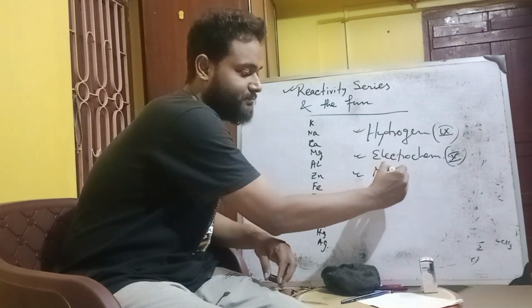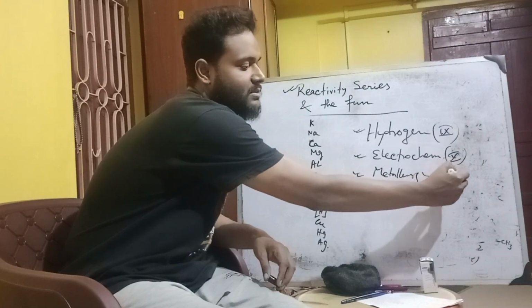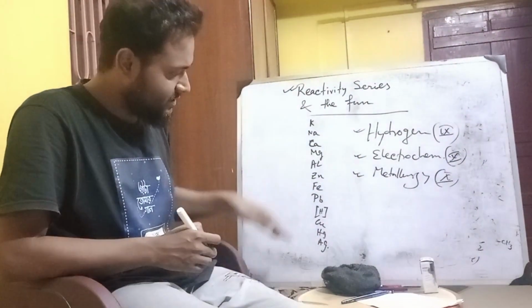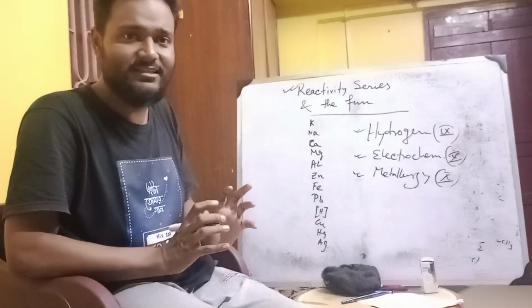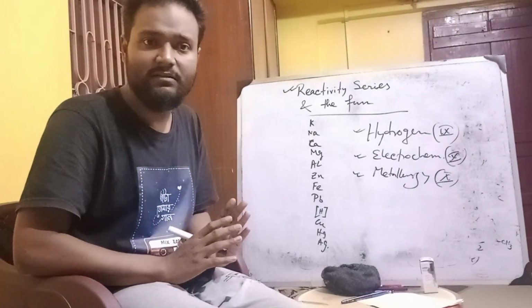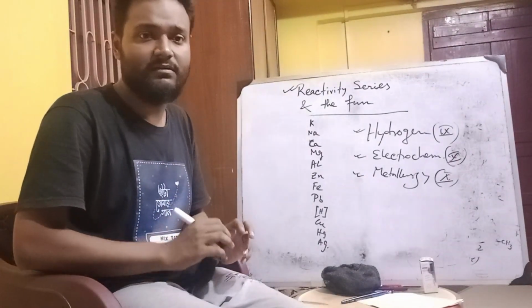Then metallurgy from class 10. So in these chapters, this series is there. Now what is the reason behind explaining this series and how to remember the basic concepts? That is, this series is important.